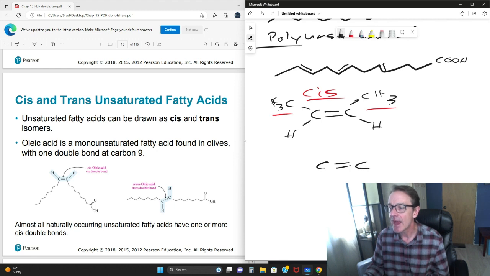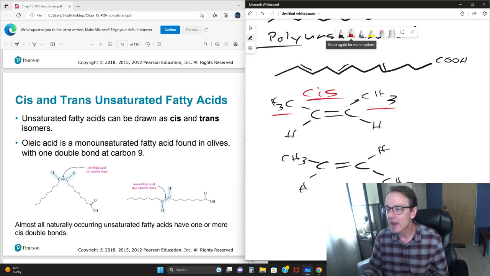Okay. And cis and trans. I know we've heard about this in other ways of talking about people's orientations and whatnot, but it also has a specific chemical meaning, cis and trans.